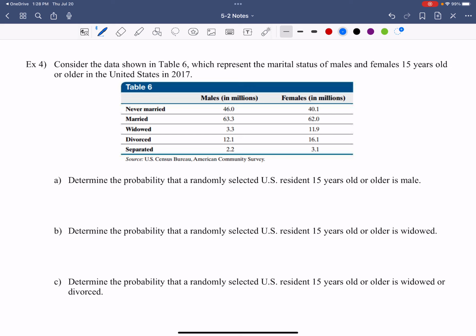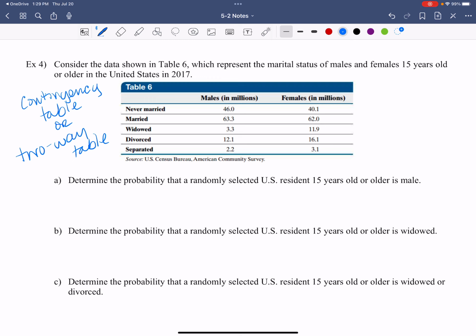Cool. Now, let's look at this table. This table is really awesome because it is called a contingency table. And sometimes it's called a two-way table. It puts lots of information all in the same place.